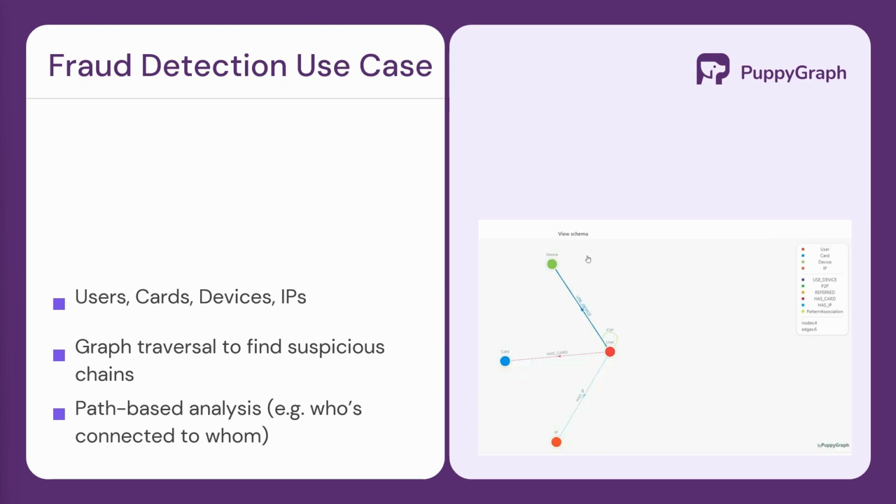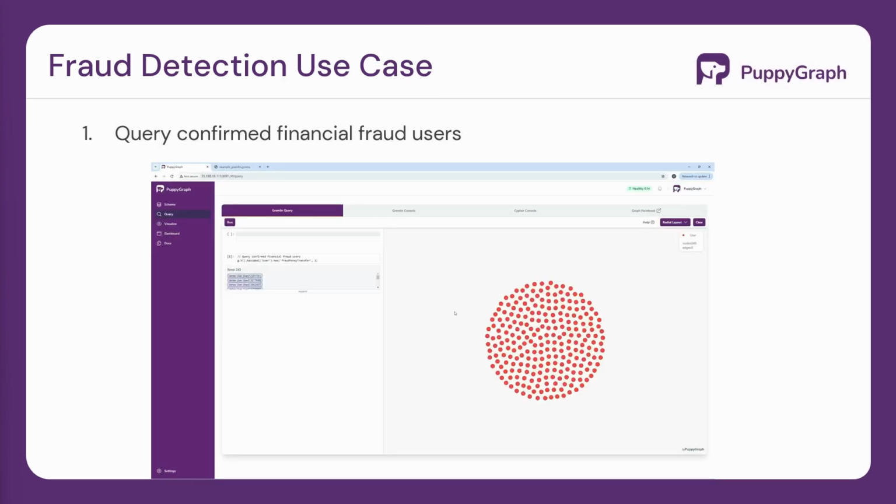So the owner is a column of the cars table, and there are also devices and IP addresses. We first have some labeled fraud users, and this is a query to show all of them. And this is an ugly picture. There is no useful information.